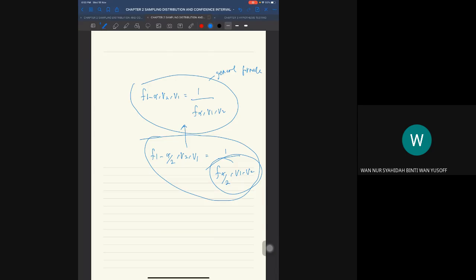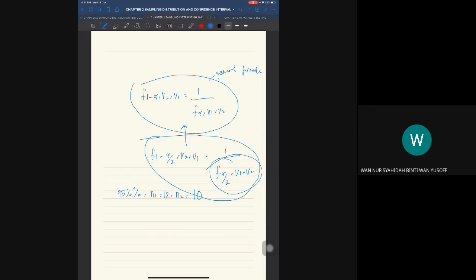Okay, let's try to find the value. Let's say that we have a 95% confidence interval, with N1 equal to 12 and N2 equal to 10. For the upper bound, we need alpha divided by 2, 0.025. I will write the formula.